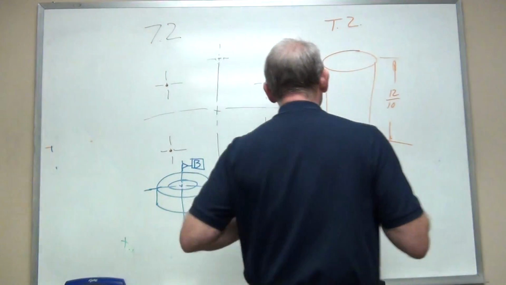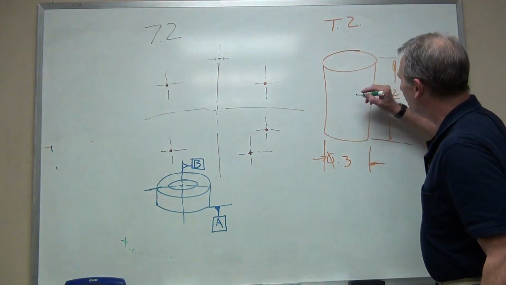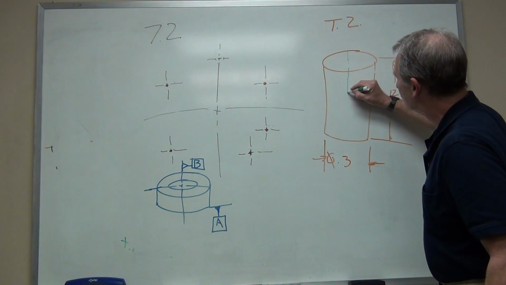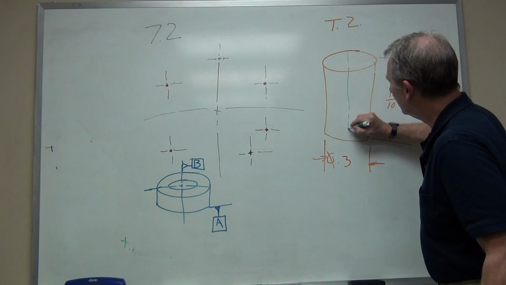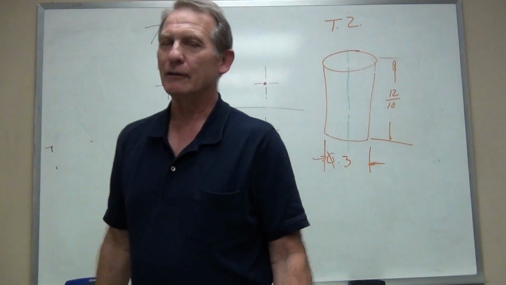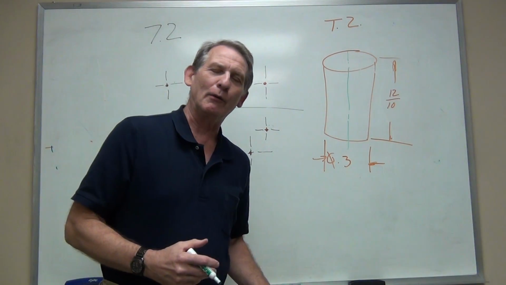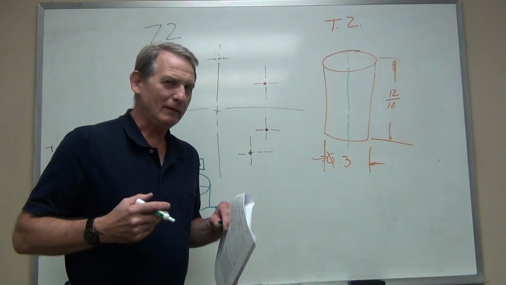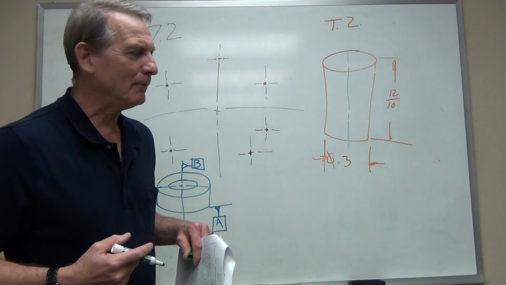Now, ideally, the engineer is hoping that that axis of that actual drilled hole will be right in the center of that tolerance zone. That is the perfect location. That's exactly where he wants them, but he's not likely to get them there every time.